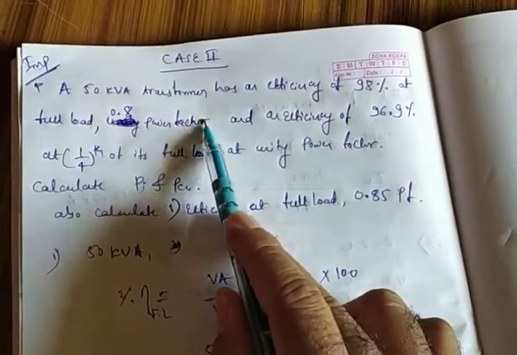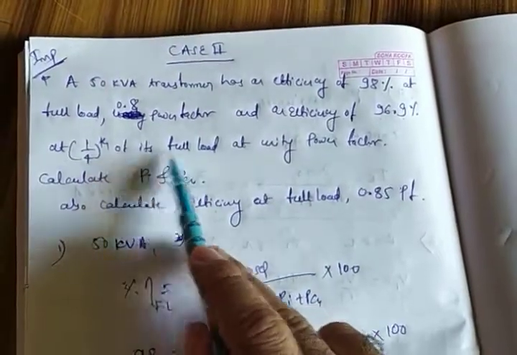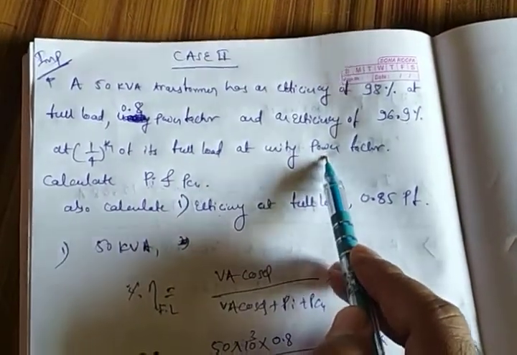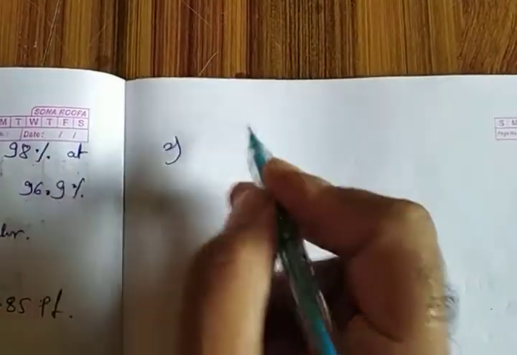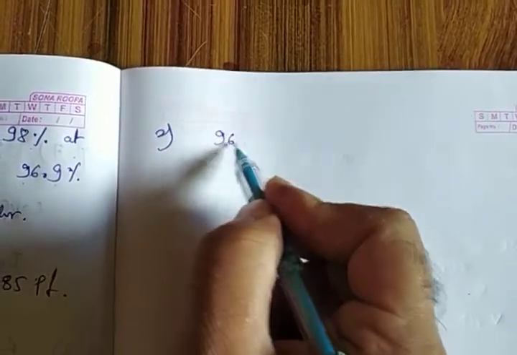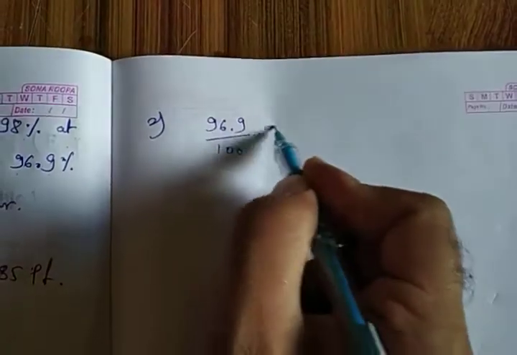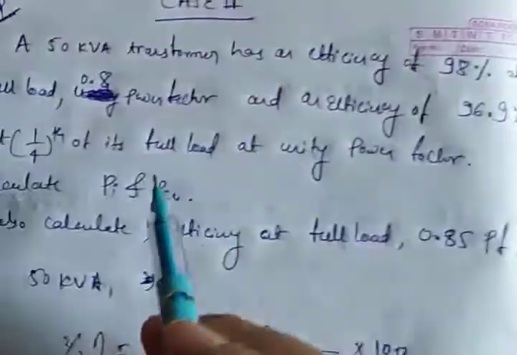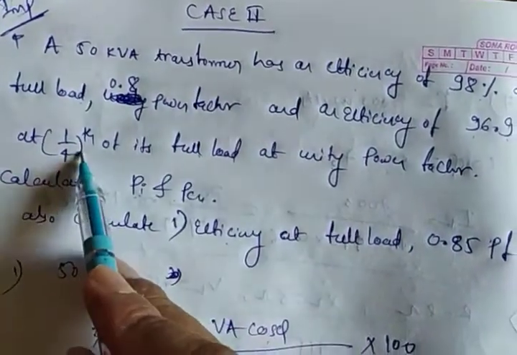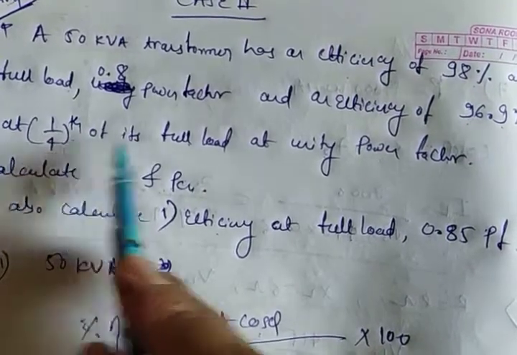This is over up to this point. Now, an efficiency of 96.9% at 1/4 of its full load at unity power factor. From this you will get another equation. So second is, 96.9% means 96.9 by 100, is equal to, see here, 1/4 of its full load means 25% of its full load.